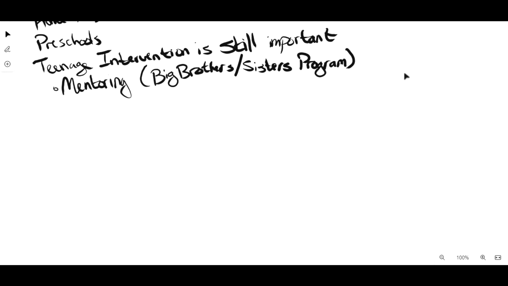This is where we get into other types of programs. Like I said, the biggest intervention program for teens in delinquency is mentoring programs, but there are also school programs, and I'll talk about that in a second. And then there's job training, and we'll talk about that as well. When we talk about school programs, our textbook doesn't even have a full list. I don't think anyone can have a full list.